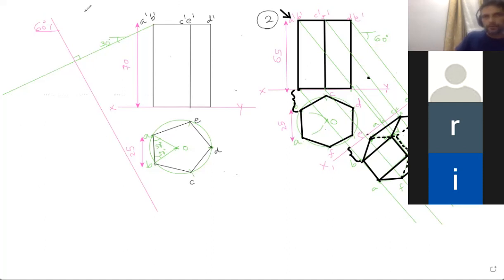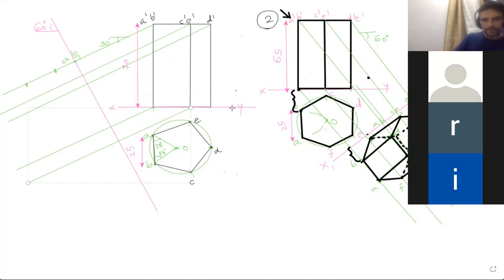So you draw a line like this. This is AB. Same method. XY to A, cut here. XY to B, cut here. Same method. So if you keep on doing this, okay.